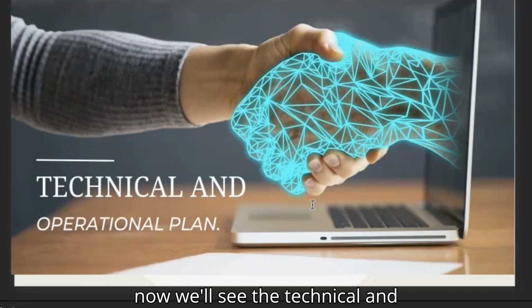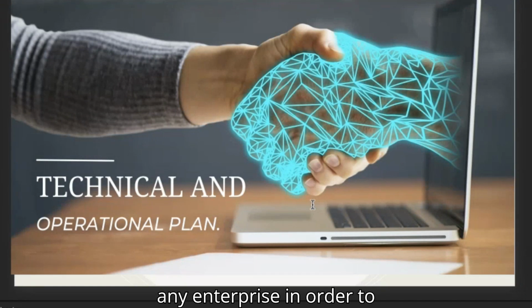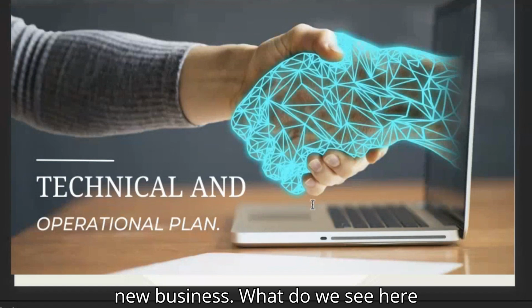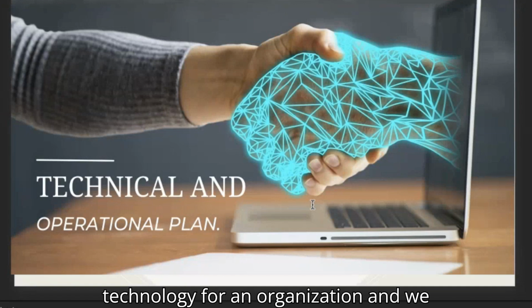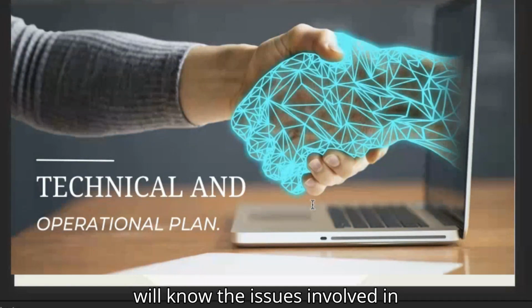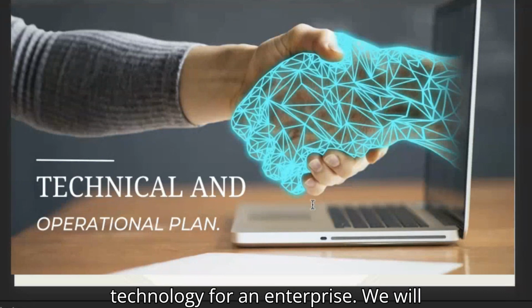Now we'll see the technical and operational plans that are needed for any enterprise in order to go about establishing a new unit or new business. What we see here is we try to understand the importance of technology for an organization, and we will know the issues involved in identifying and selecting the right technology for an enterprise.